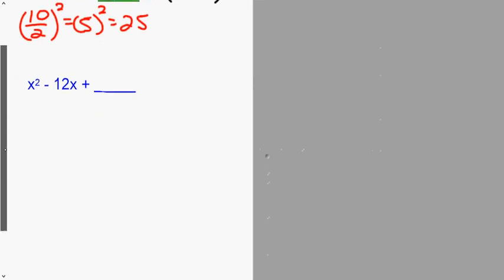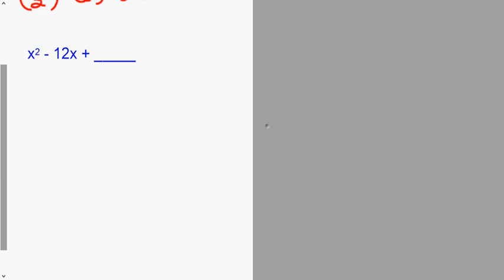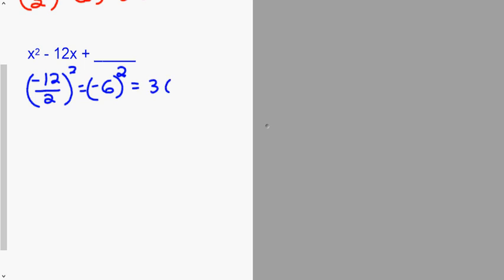I'm going to do the one below here. So we have a negative here. Negative 12 divided by 2 is negative 6, squared. Again, a negative number squared is still positive. Your c value, your perfect c, will always be a positive number. Now, when we go to do the factoring, again, we know it's something quantity squared. My variable is x.